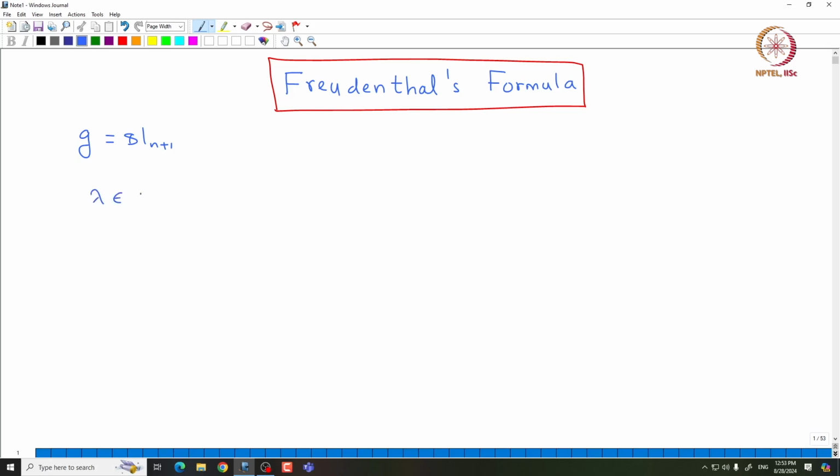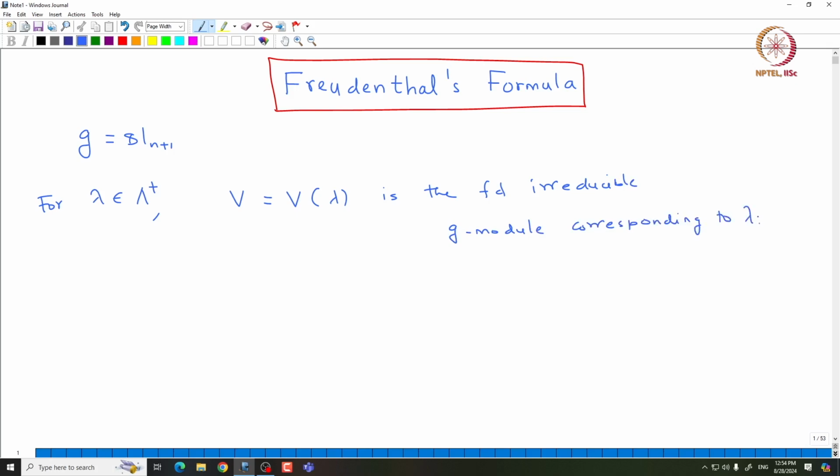So given lambda dominant, recall V of lambda is the finite dimensional irreducible G module corresponding to that lambda. Now we are interested in computing weight multiplicities of various weights for this finite dimensional irreducible module. So let us use this notation.